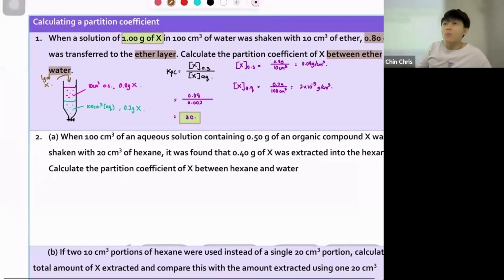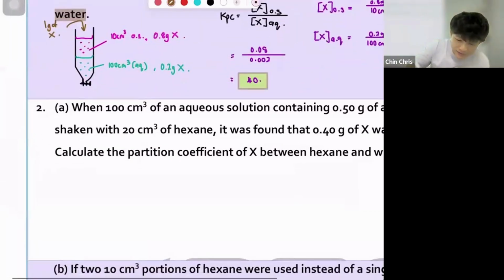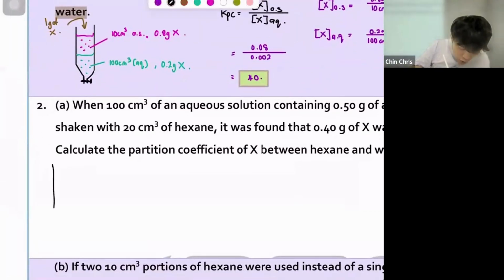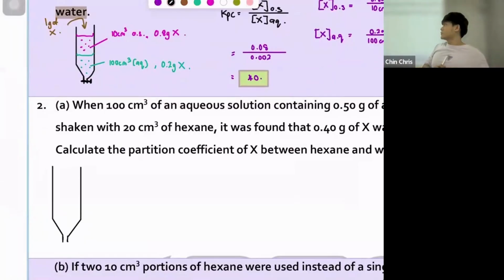What I'm gonna do, maybe I will provide a diagram. So again, I love drawing a diagram if I get stuck. Unless you can visualize it in your brain, or else you can follow me to draw a diagram. But if you can visualize it, then don't need to draw it.